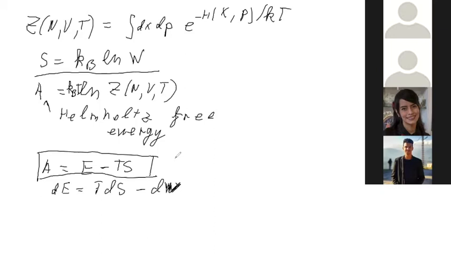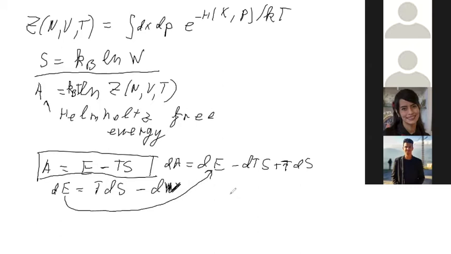And so dA is dE minus dT S, we use the product rule, minus T dS, because dE we leave as it is for now. There are two variables, temperature and entropy. Now substitute the expression for dE over here and tell me the answer.